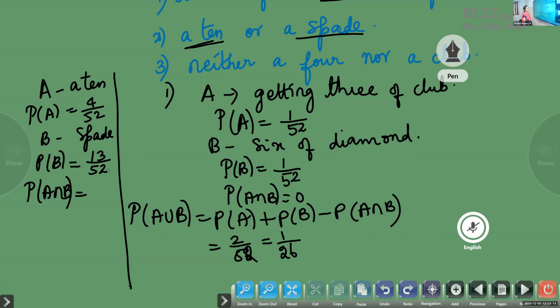Now we have to find P of A intersection B. Naureen, what is P of A intersection B?